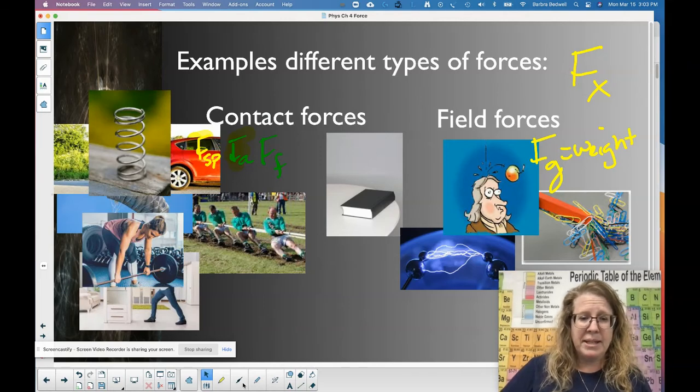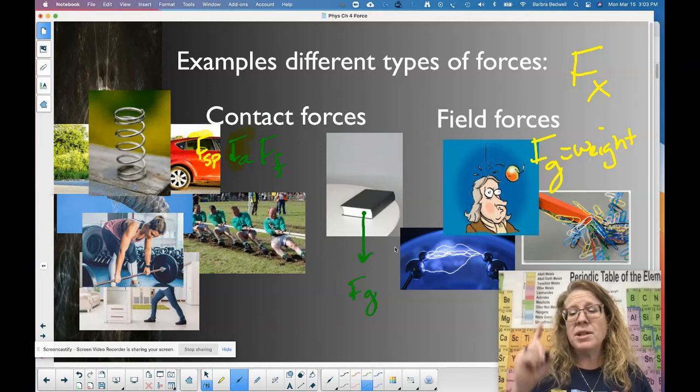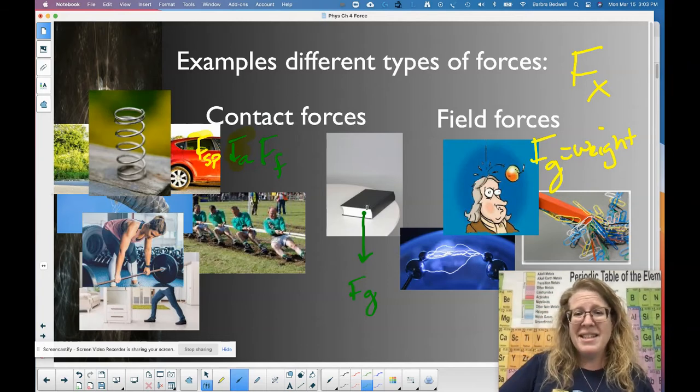I'm going to label this because it has kind of an unusual name to it that students don't really realize. So there is, coming downwards from this thing, FG, right? The weight of the book. But the table is also pushing up on the book as well. And so that's kind of a weird thought. Again, book pushing down on table also pushing up on book. This upward force, which in some places is called the reaction force, it's a British name for it.